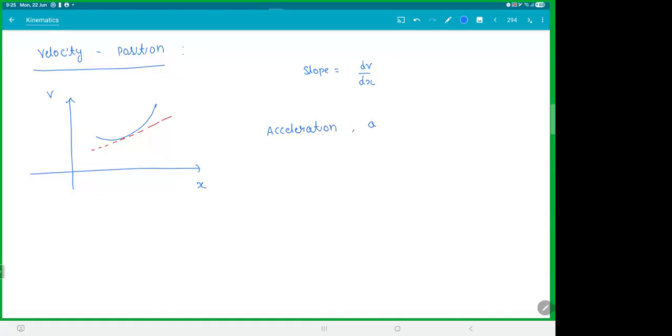If you remember, A is equal to V dV by dx. So only slope doesn't mean anything, but velocity into slope does. The slope at a point and velocity at a point gives you acceleration at that point.